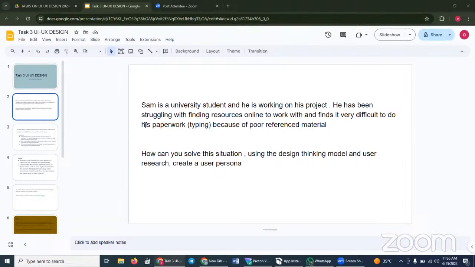We all know about Sam's predicament. So that is what we've been handling for the past weeks. This time around we are asked to develop user research and then create a user persona for Sam.